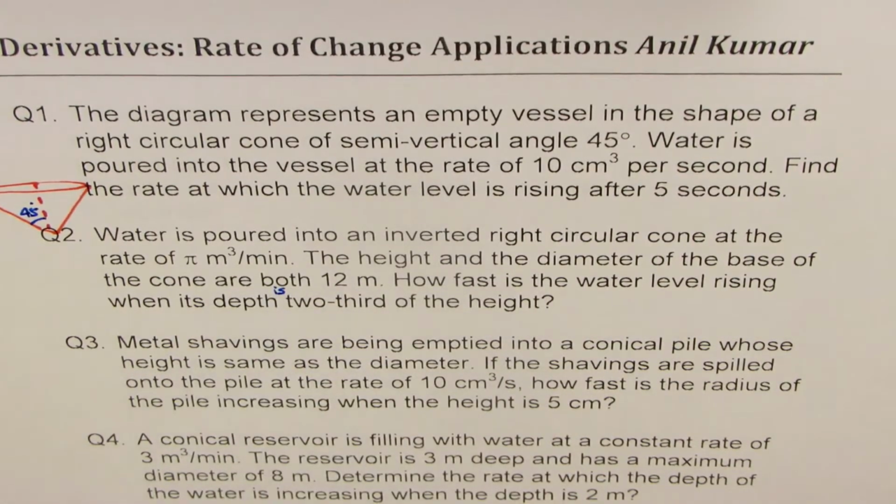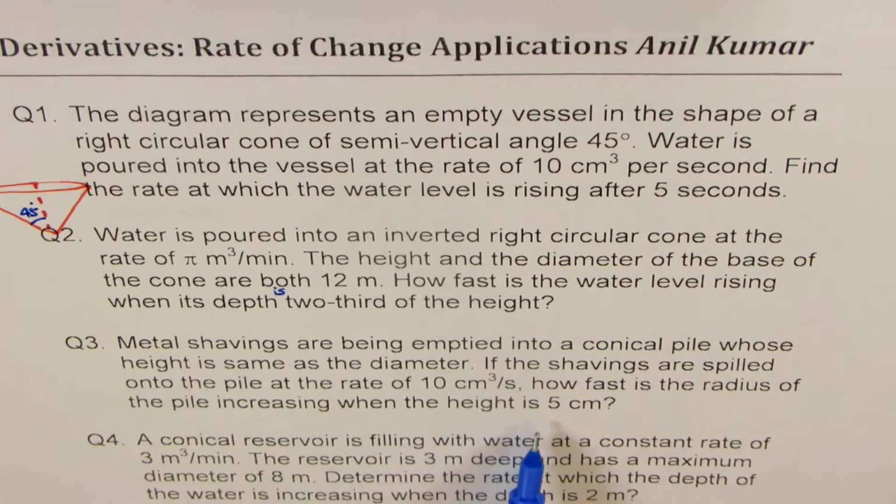Okay. Question number 3 is, metal shavings are being emptied into a conical pile whose height is same as the diameter. If the shavings are spilled onto the pile at the rate of 10 centimeter cube per second, how fast is the radius of the pile increasing when the height is 5 centimeters?